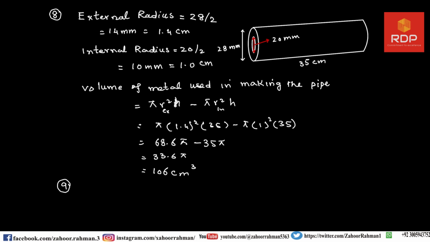There is no figure given in this regard. A copper cylindrical rod of diameter 14 centimeters and length 47 centimeters is melted and recast into a wire of diameter 8 millimeters.